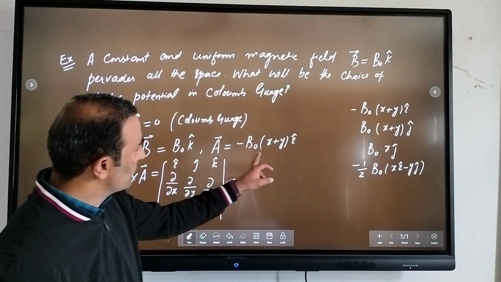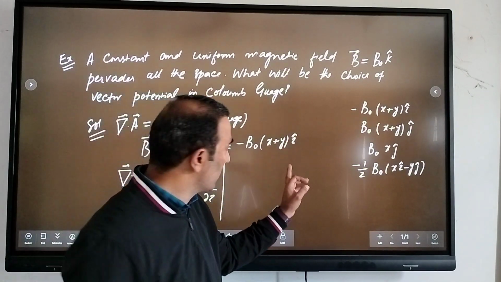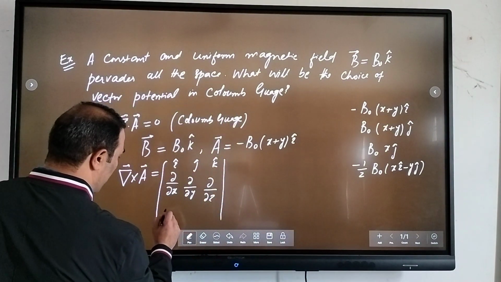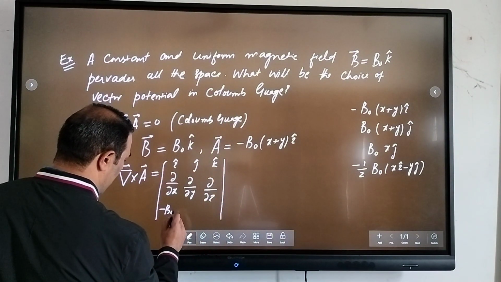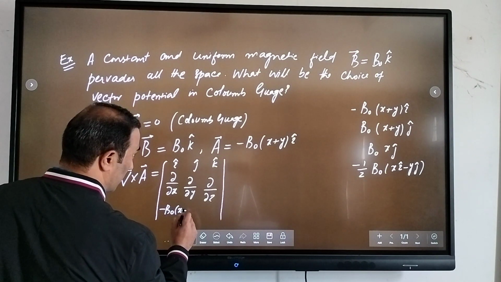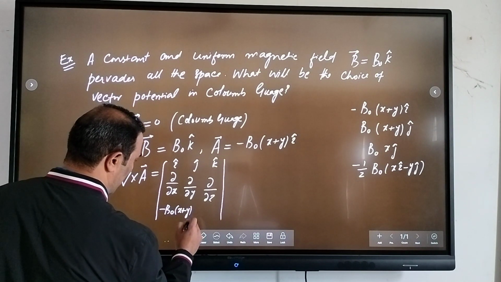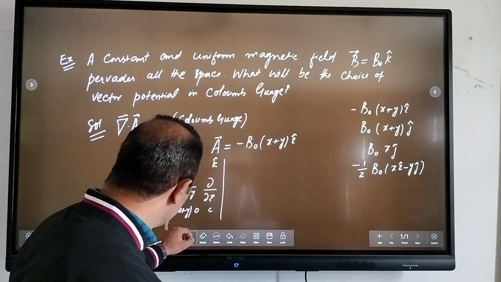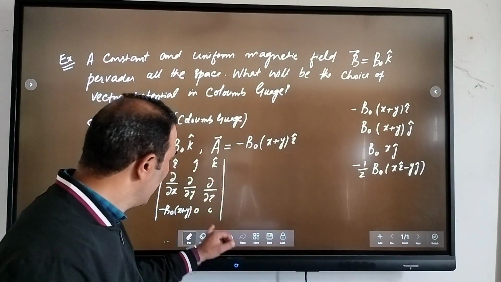And our vector potential has only one component, इसका एक ही component है, that is the first i-th component. Okay. So that means this will be equal to, okay. So that means this will be minus B naught (x plus y), 0 and 0.